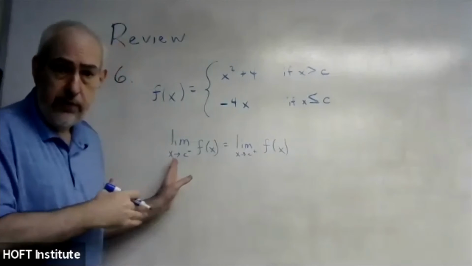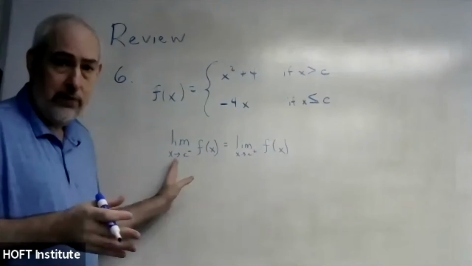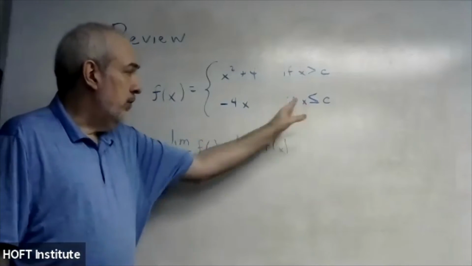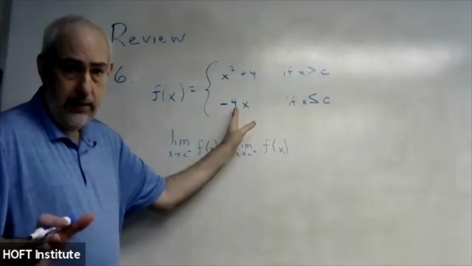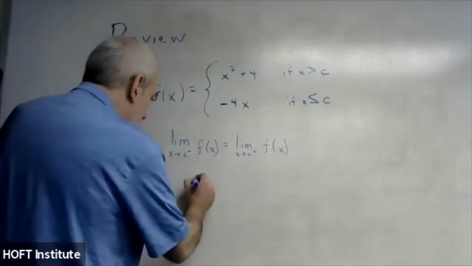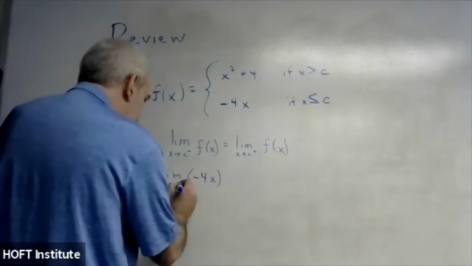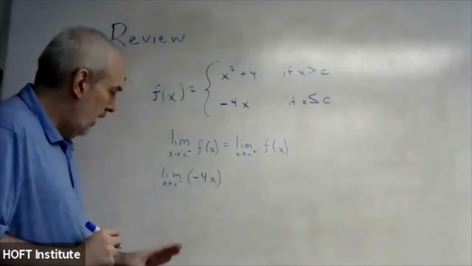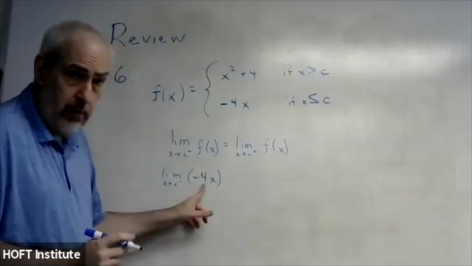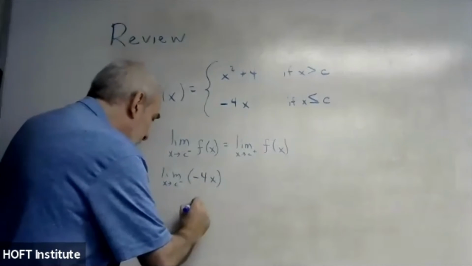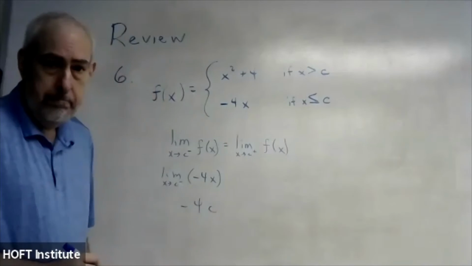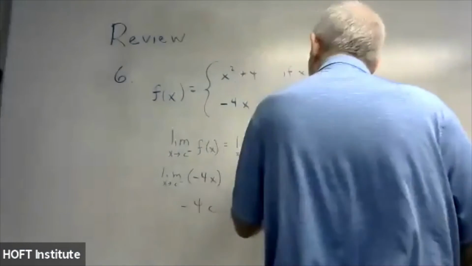And as we approach c from the left, that's numbers less than c, we would use this equation for less than c, which is -4x. So replace f of x with -4x. And then if you plug in c, because it's a polynomial, so you just plug in the number, you get -4c. Same thing for this.